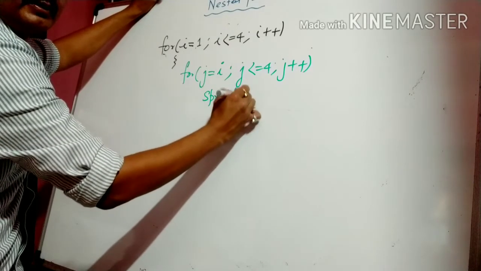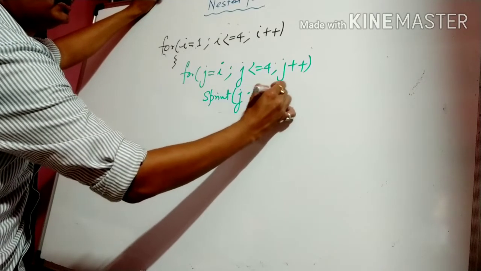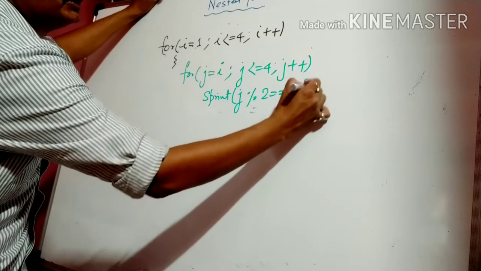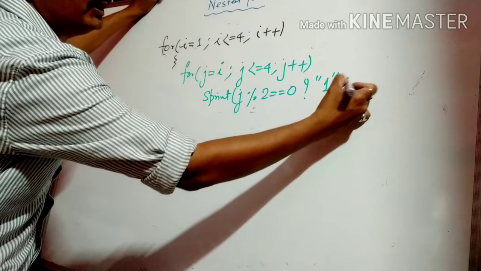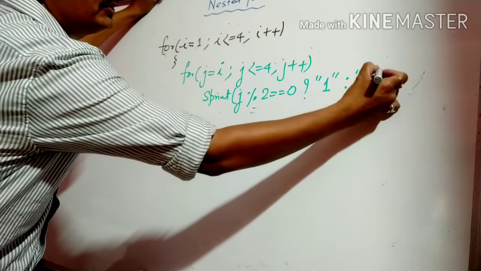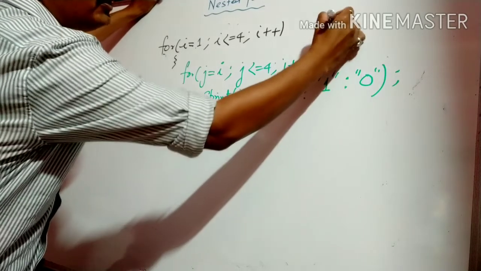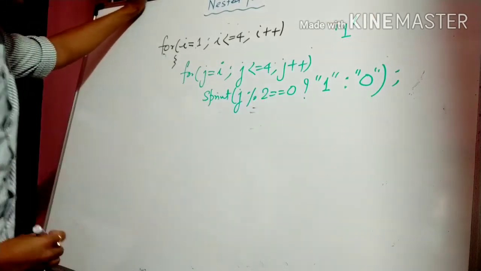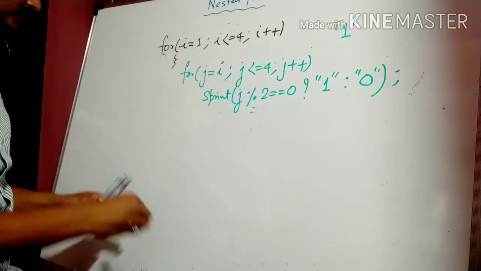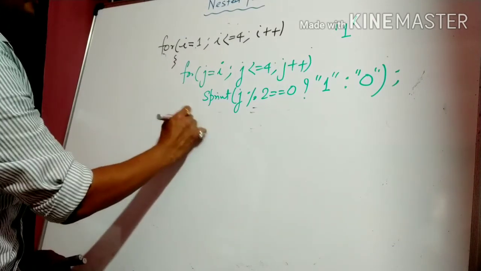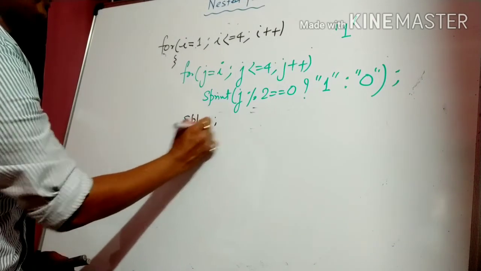Print j modulus 2 is equal to 0, question mark. Within double quote or single quote you can use here 1, nahi to 0. You can use single quote also, that doesn't matter. And outside of the loop, this one is the outer loop, println.